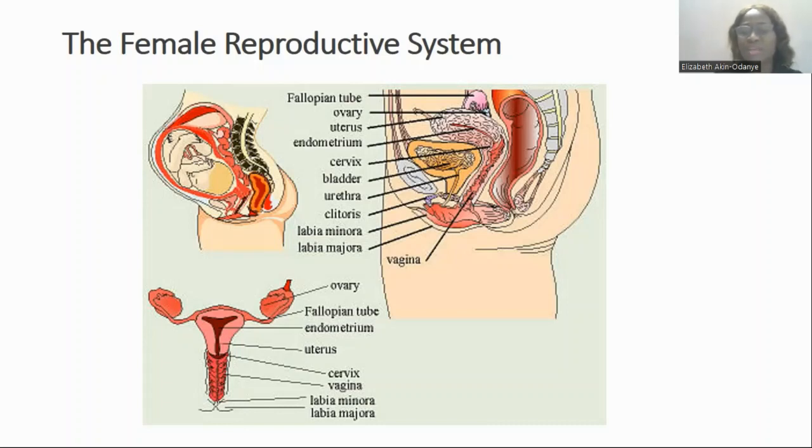The matured egg is released into the abdominal cavity near the opening of one of the oviducts, or fallopian tubes. Now, in the oviduct or fallopian tube, we have cilia.